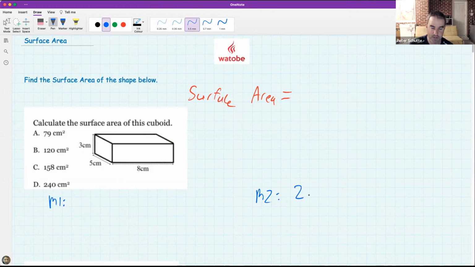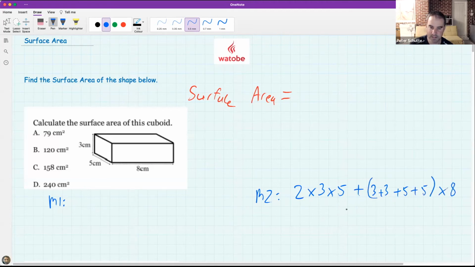The way I would do it is I would go 2 times 3 times 5 plus the perimeter of that base. So that would be 3 plus 3 plus 5 plus 5 times 8.